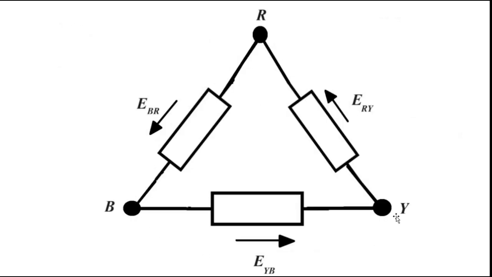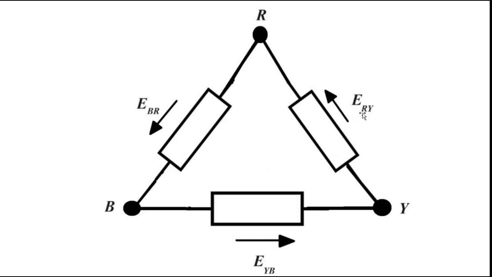So here there are 3 points R, Y, B, R for red, Y for yellow, B for blue. There are 3 windings, one connecting R and Y, one connecting R and B, one connecting Y and B. And the respective phase voltages are here.